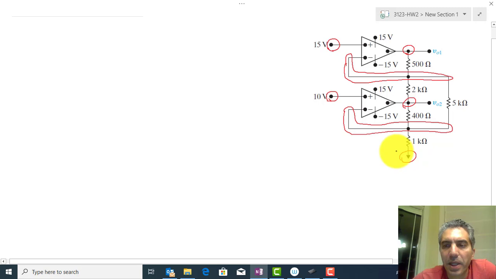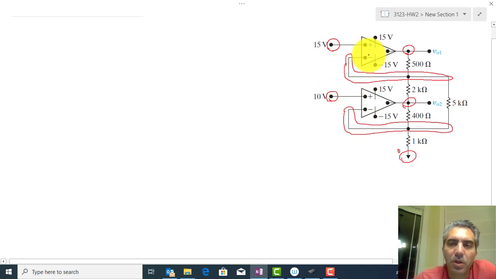And we're going to move on to labeling the voltages. So this is our 0 volt that's given. This is 15, 10. This is already labeled as Vout2. This is labeled as Vout1. This one is labeled as Vout2. So the only two nodes that are not labeled are this one and this one.